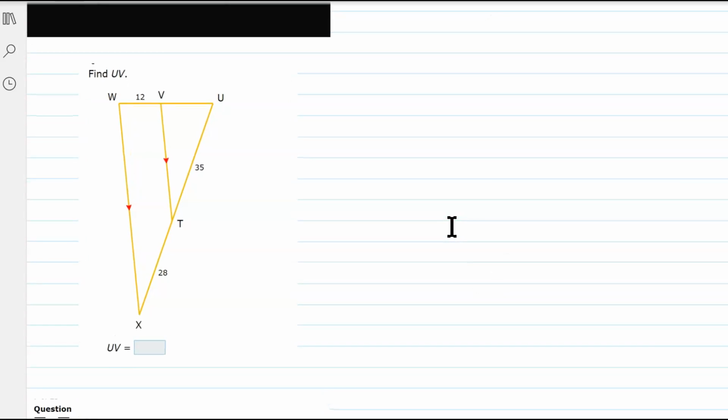The proportionality theorem says that if you have two triangles and you have these two lines here that are parallel, indicated by the little red arrow, those two lines are parallel. If that's true, not only can we set up this over this equals this over this equals this over this, matter of fact, let's write it out: UV over UW equals UT over UX equals VT over WX.